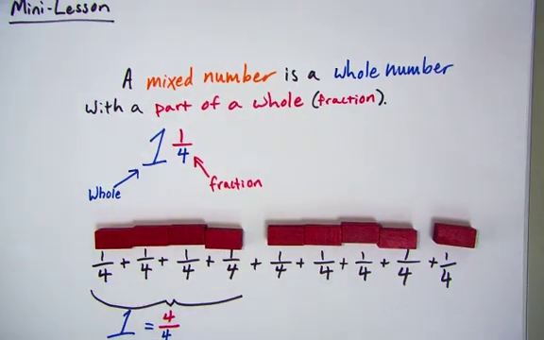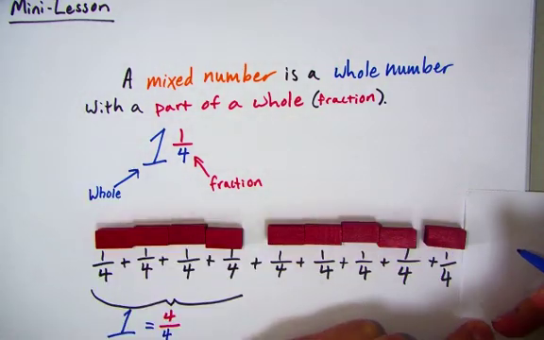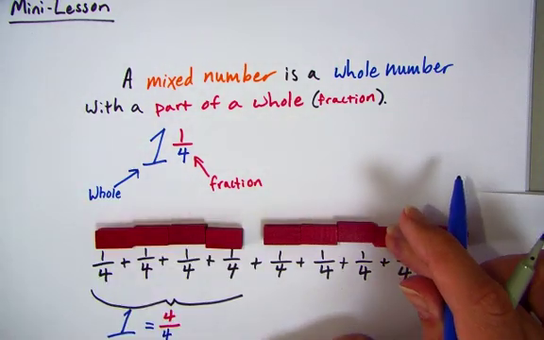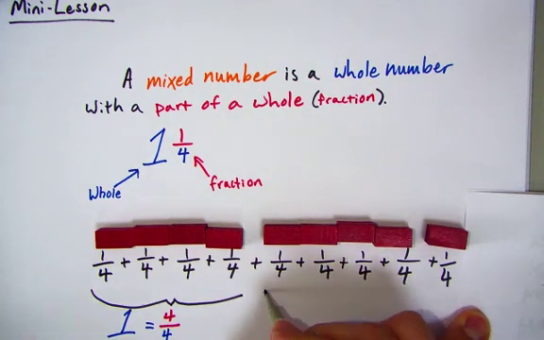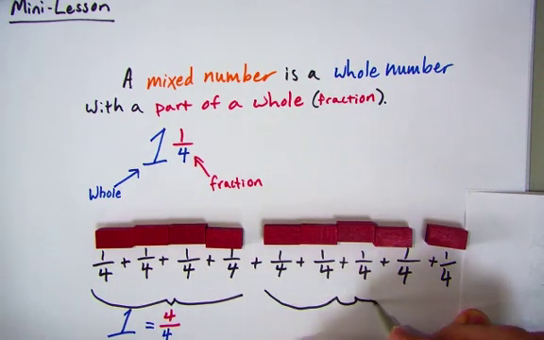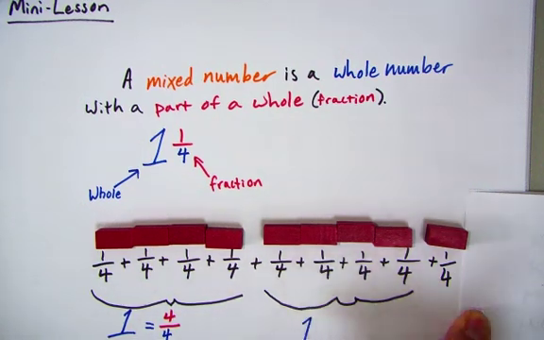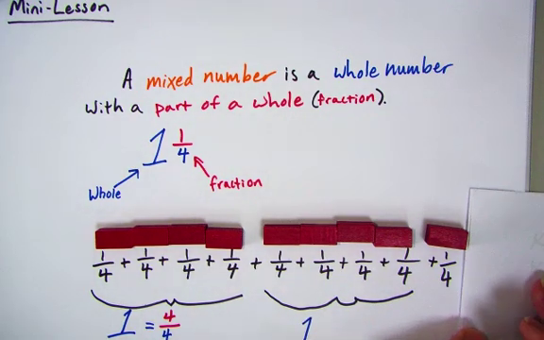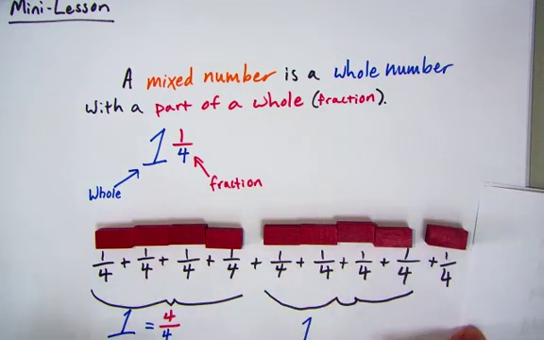Now, pause the video. Try to write a mixed number. Okay, you should have written 2 wholes because now, I'll go ahead and label it. This is another 1 whole. Okay, this is another whole. Now, we're adding 1/4 to these 2 whole candy bars.